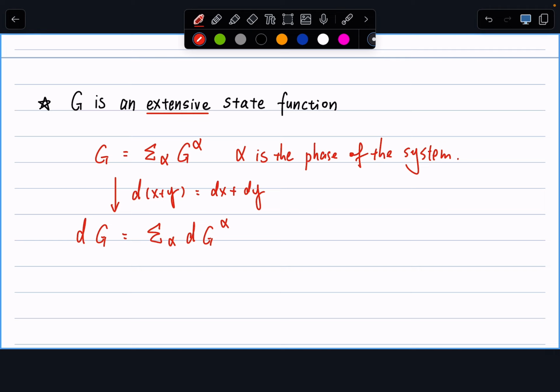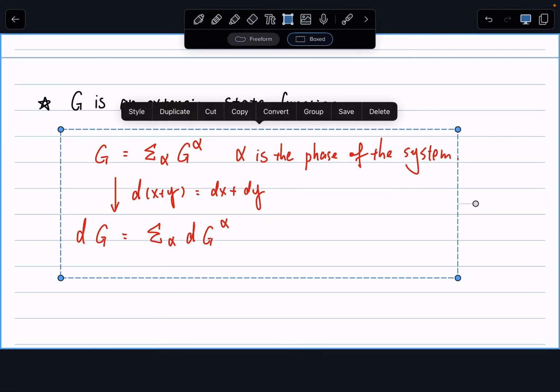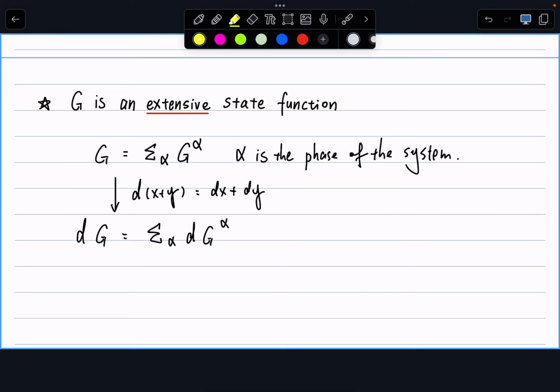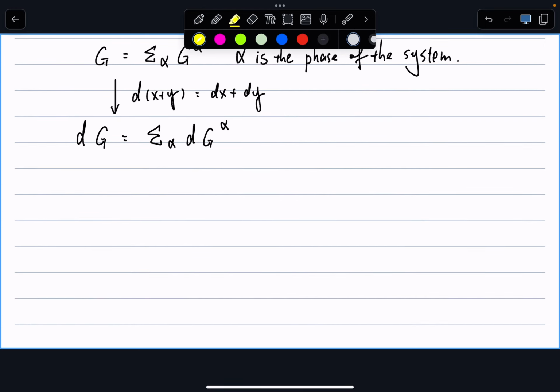Let me actually use black, it's more straightforward. And now let's focus on this term here, on this dG alpha. So what is this dG alpha? This is the Gibbs free energy of my substance in phase alpha.